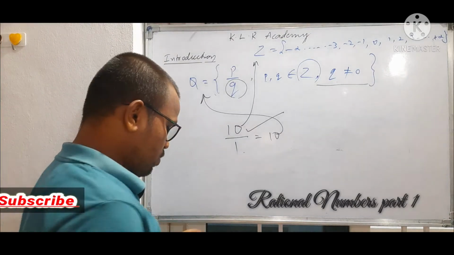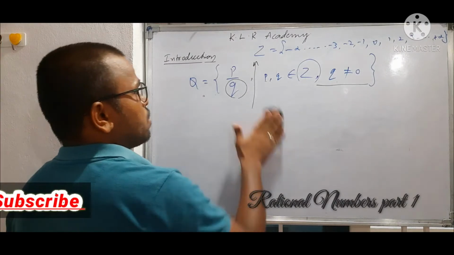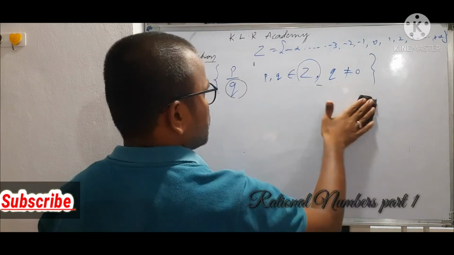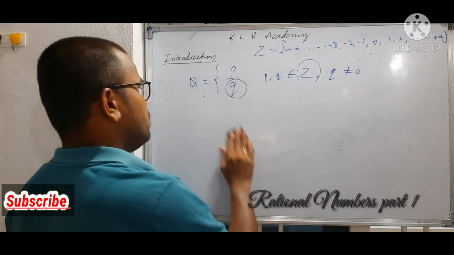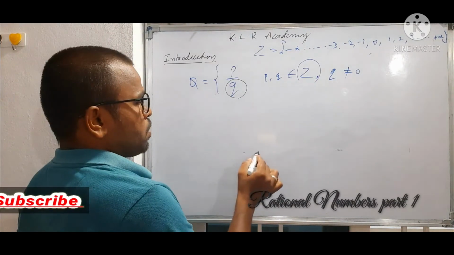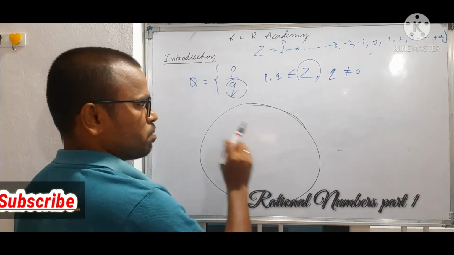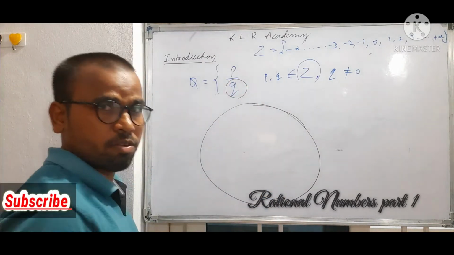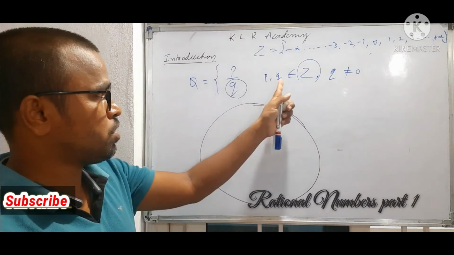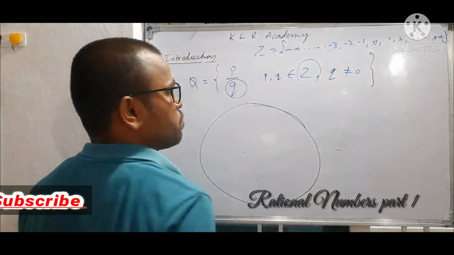Finally, let me conclude this introduction topic. This is the set of all quotient numbers. A quotient number means any number which can be written in the form of P by Q, where P and Q belong to integers and Q should not be equal to 0.